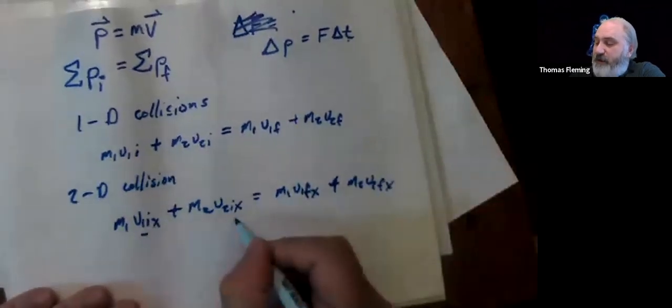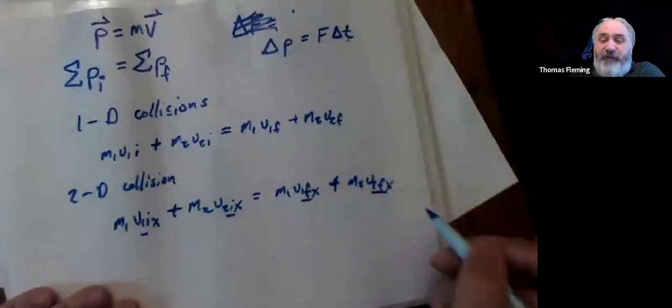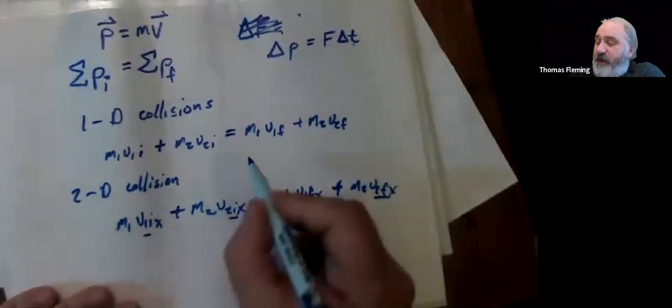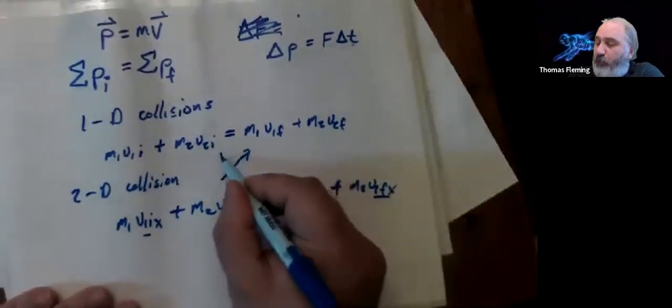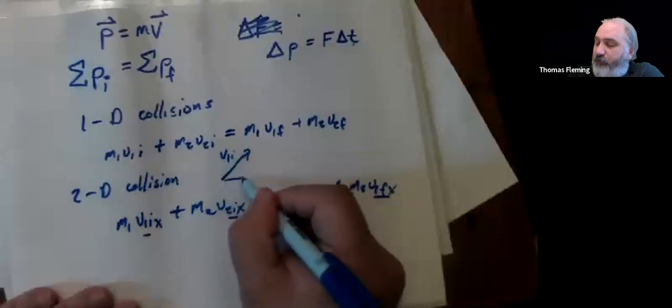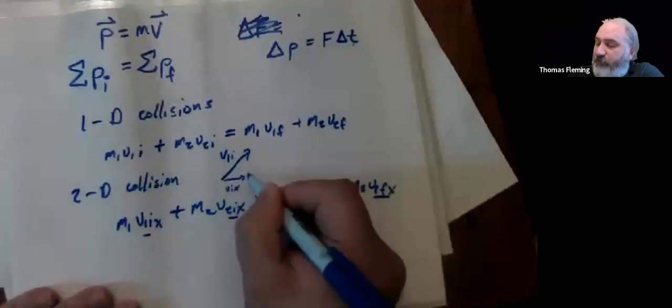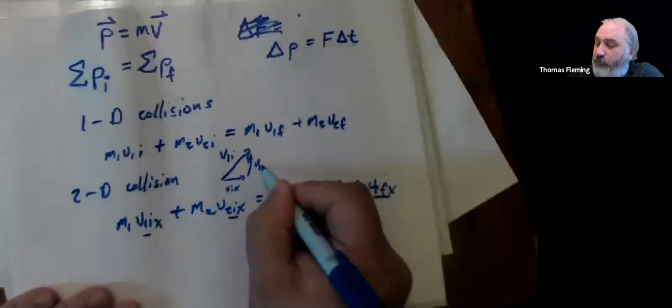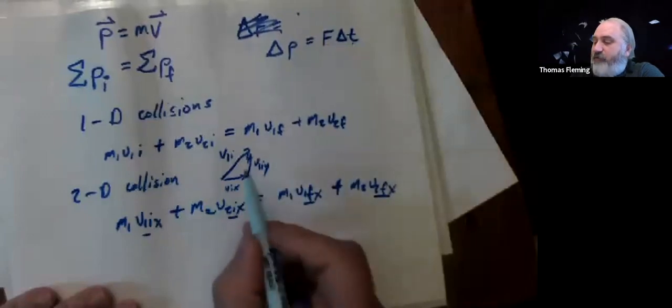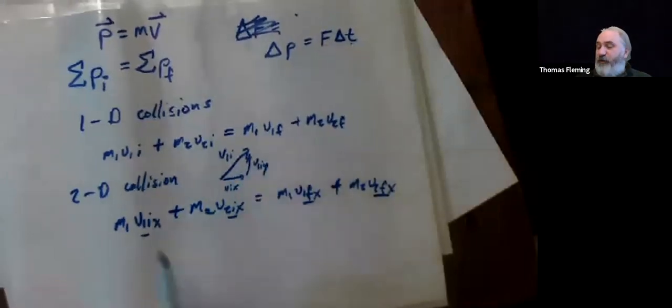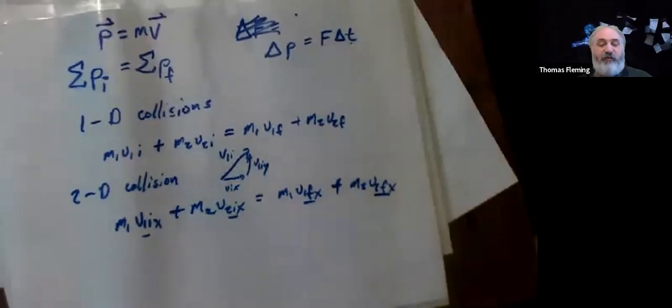And to find some of these, what you may end up having to do is to break your vectors into components. If this is V1 initial, here's V1 initial X, here's V1 initial Y. So you may have to use sines and cosines to figure out what those various things are.